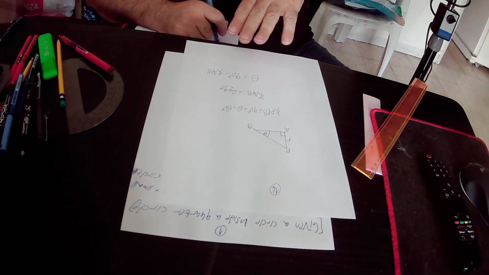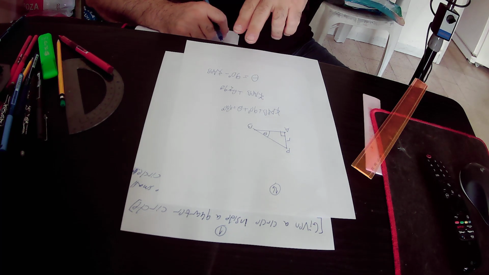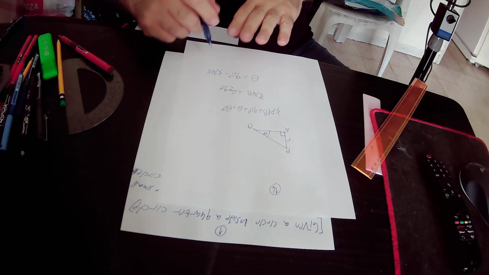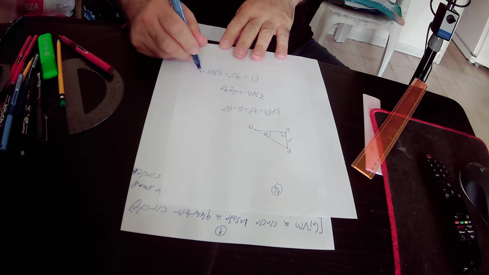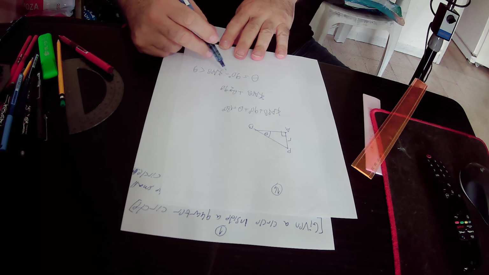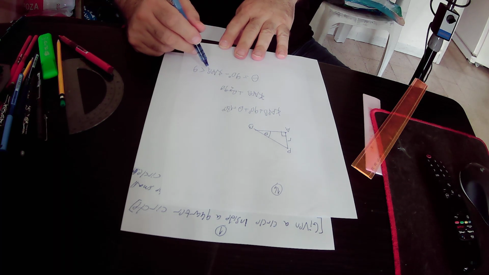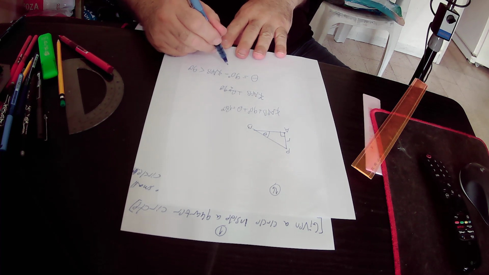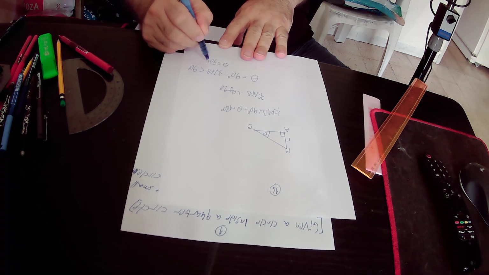So angle theta equals 90 degrees minus APB, that is to say, it is less than 90 degrees, because 90 degrees minus angle APB is less than 90 degrees. So angle theta is less than 90 degrees.